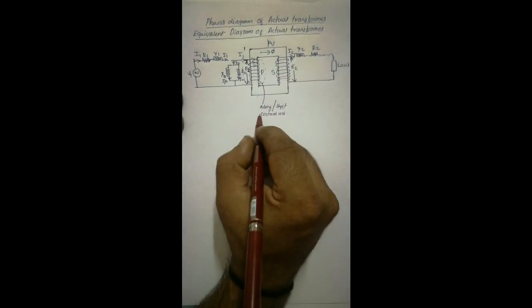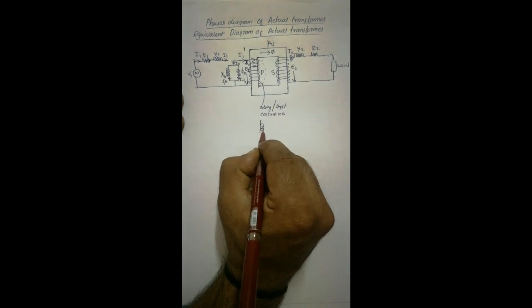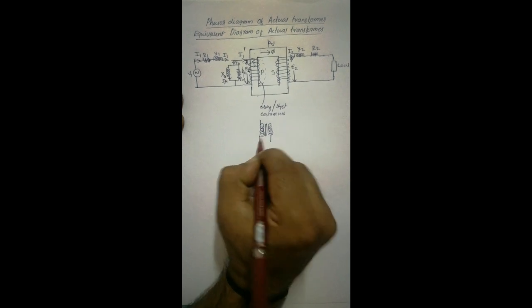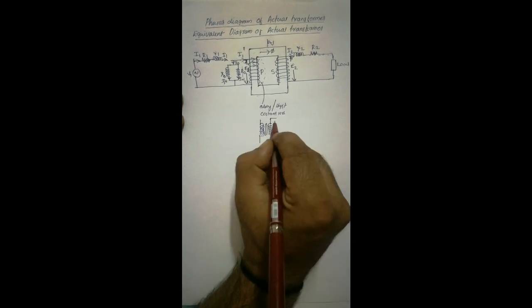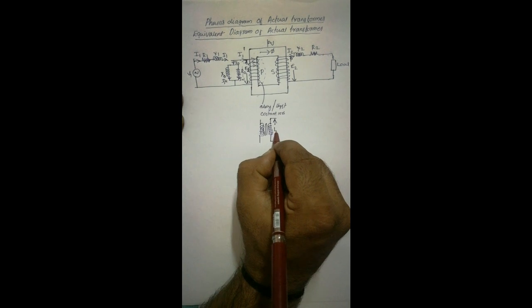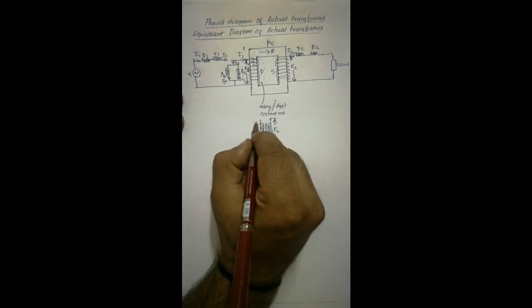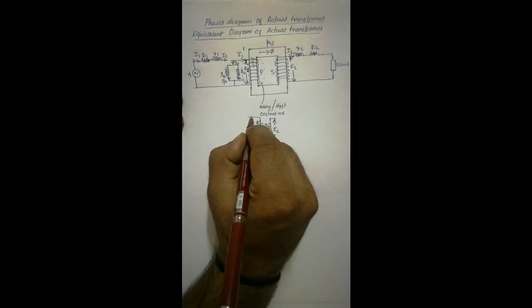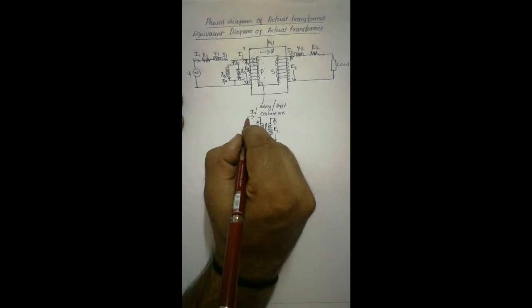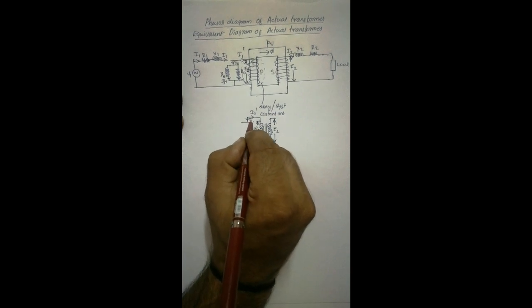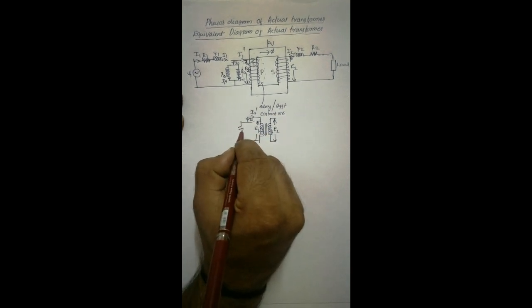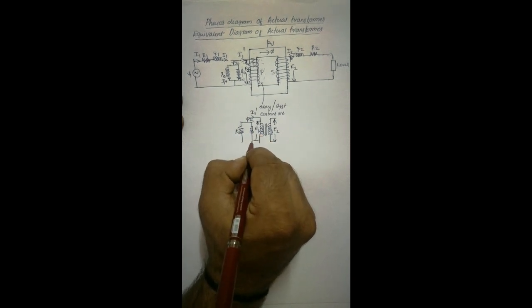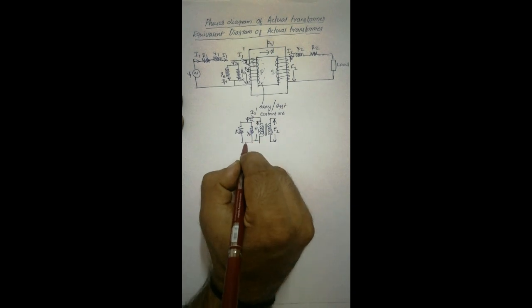Then we can redraw it like this. There is a transformer, with secondary side induced EMF E2 and primary side EMF E1. Then there is a current I2 dash. There is a no-load component I0, with R0 and X0.